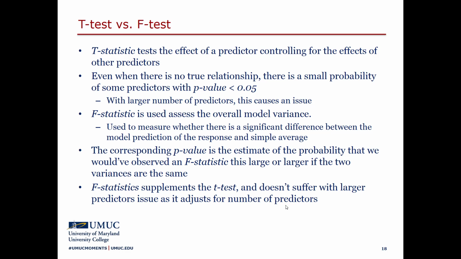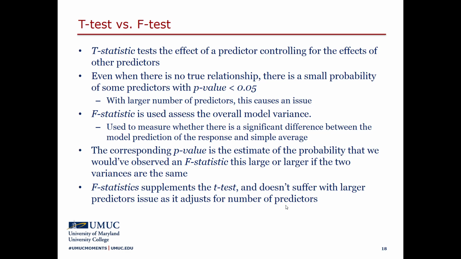So the beta values tell us the change in the response value as a result of a unit change in the j-th predictor, holding everything else constant, holding all the other predictors fixed. Okay, that's what the t-statistic tells us.